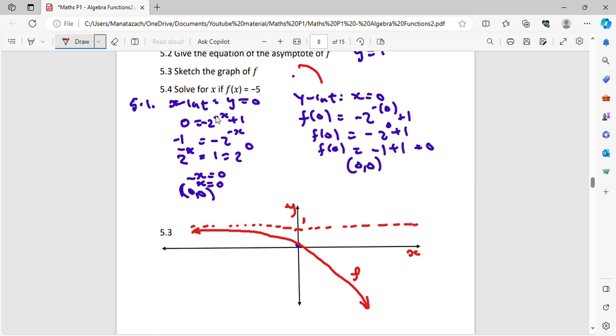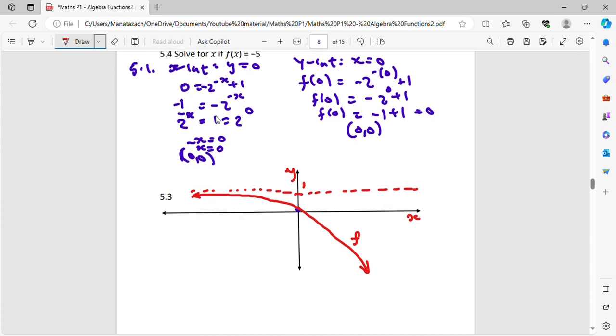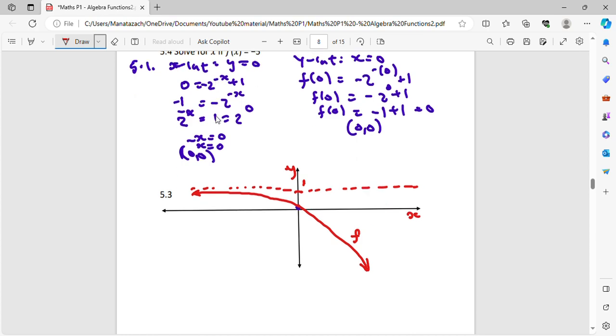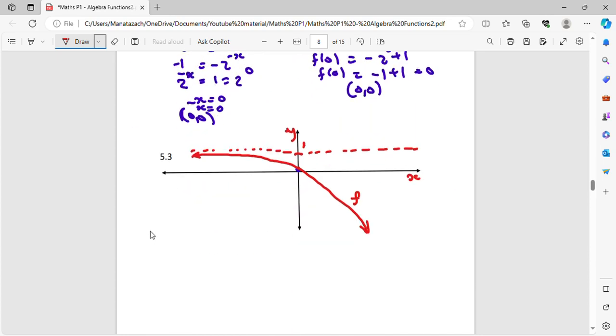Then 5.4, solve for x if f of x is equal to minus 5. Firstly, f of x is equal to minus 5.